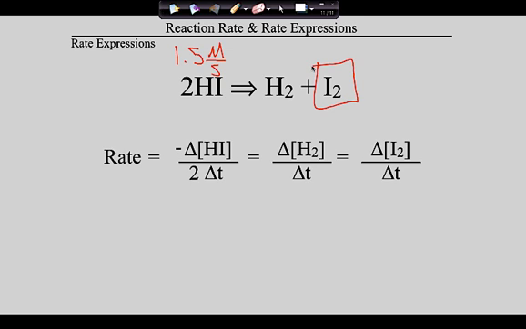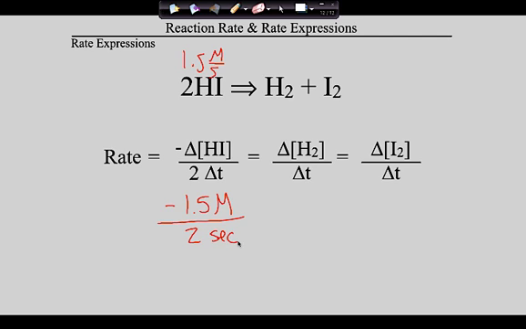So the way to solve that would be, first of all, get rid of this. This isn't pertinent to the problem. But then what you do is this. We are given the rate at which HI is being consumed. So it's negative 1.5 molarity over 2 seconds.